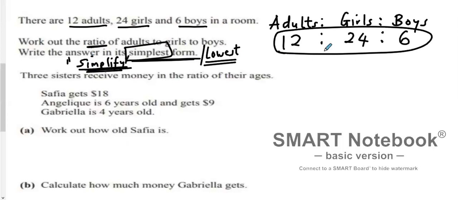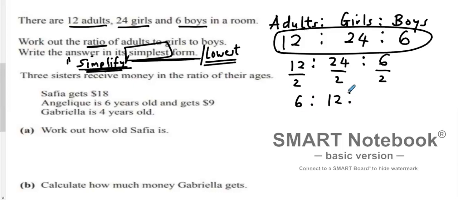So here, how do we simplify? It's easy. Think of which number can divide all these 3 numbers. You can see that every single number is divisible by 2. So you have 12, ratio 24, ratio 6. You need to divide by 2 because every number here is divisible by 2. When you simplify this, this gives you 6 ratio 12 ratio 3.